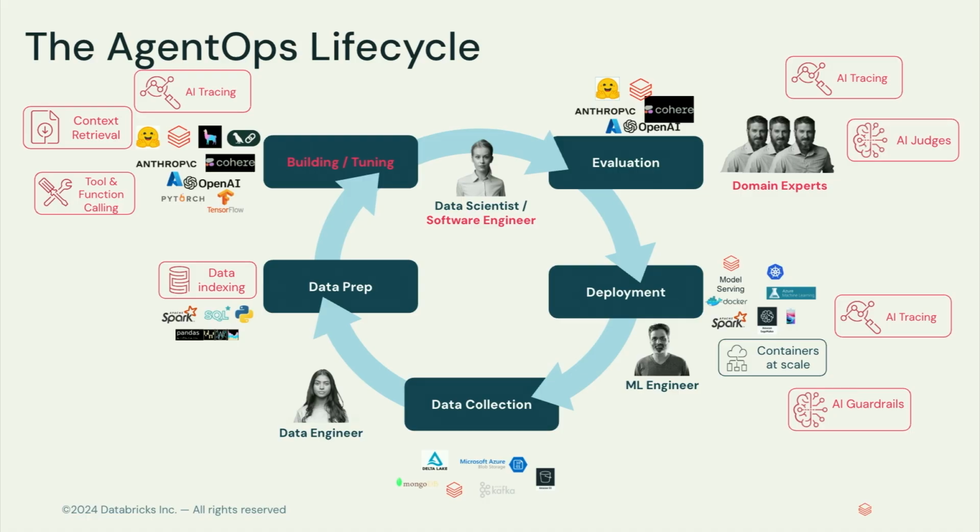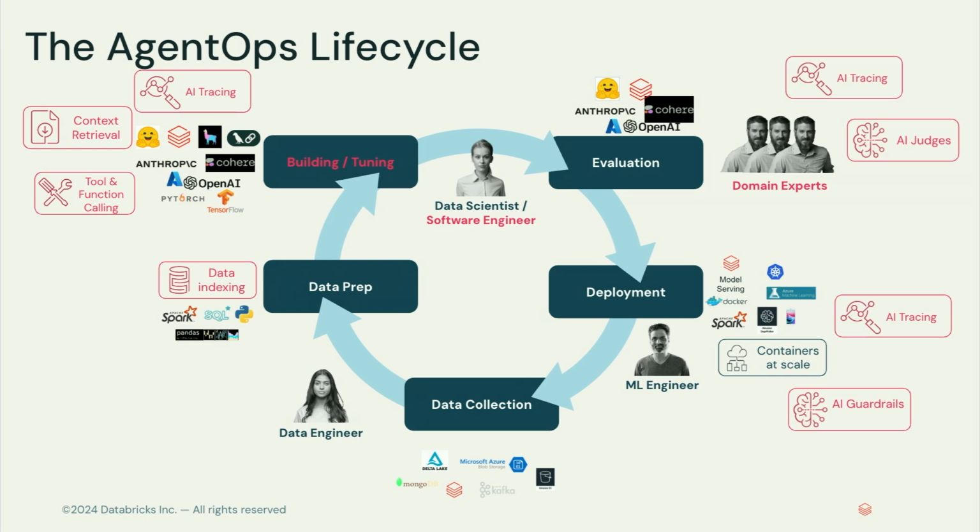Building and tuning AI agents often involves prompt engineering and RAG system configuration, for example using vector search for context retrieval, and then deciding which tools or functions to call. You can use your favorite open source software like LangChain, LlamaIndex, or OpenAI.